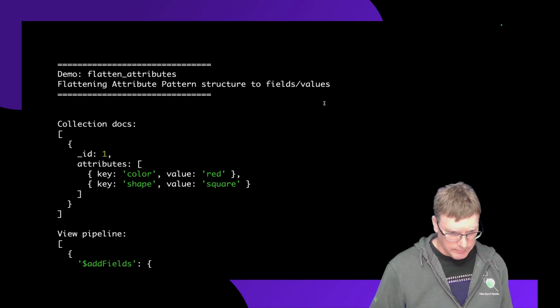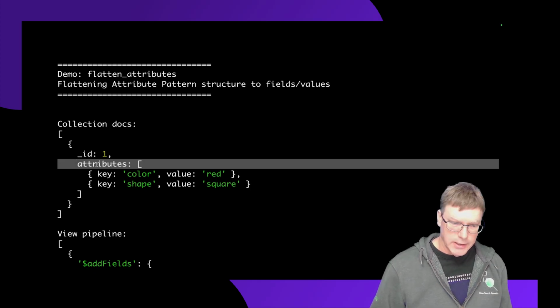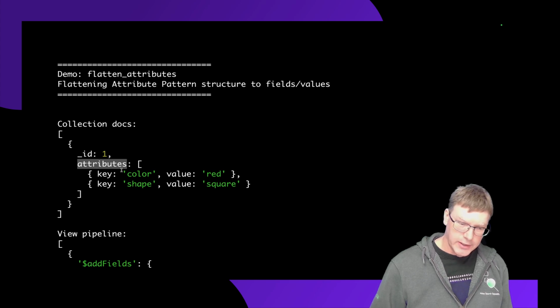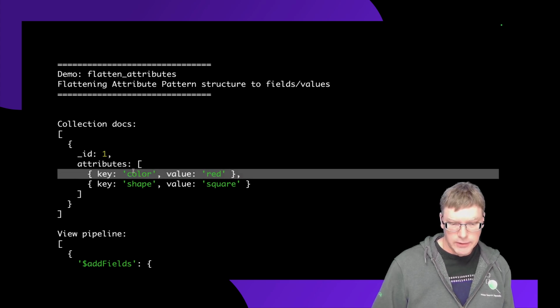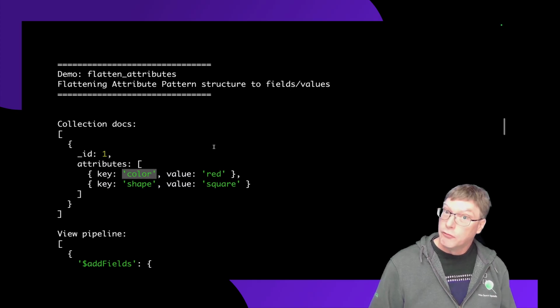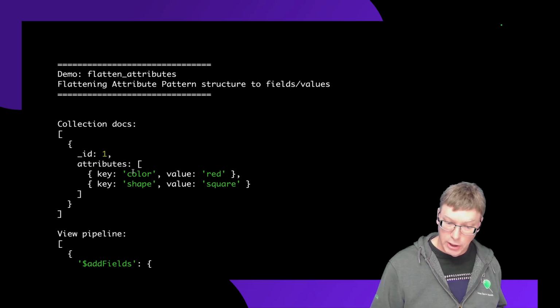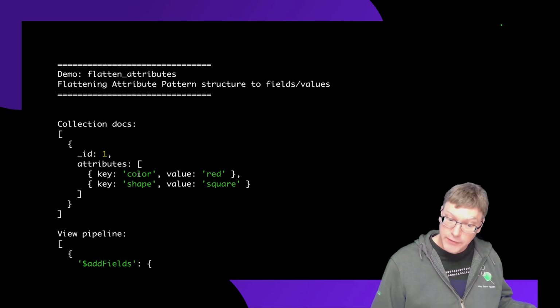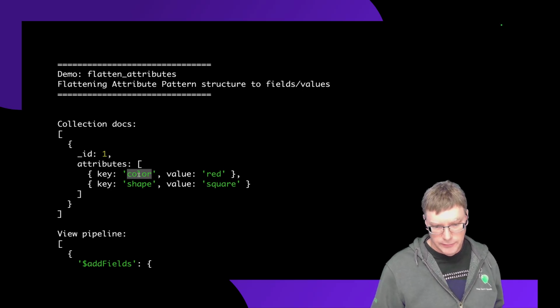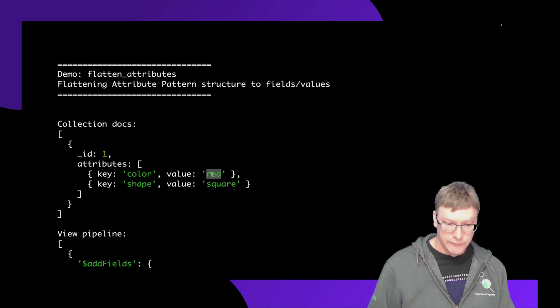We have a document that has the attribute pattern technique here, where we have an array of attributes. Each attribute has a key field and a value field, and the values are, of course, the values there. We want to reshape that document for the search index because we really want color to be the field name and red to be the value of the color field.